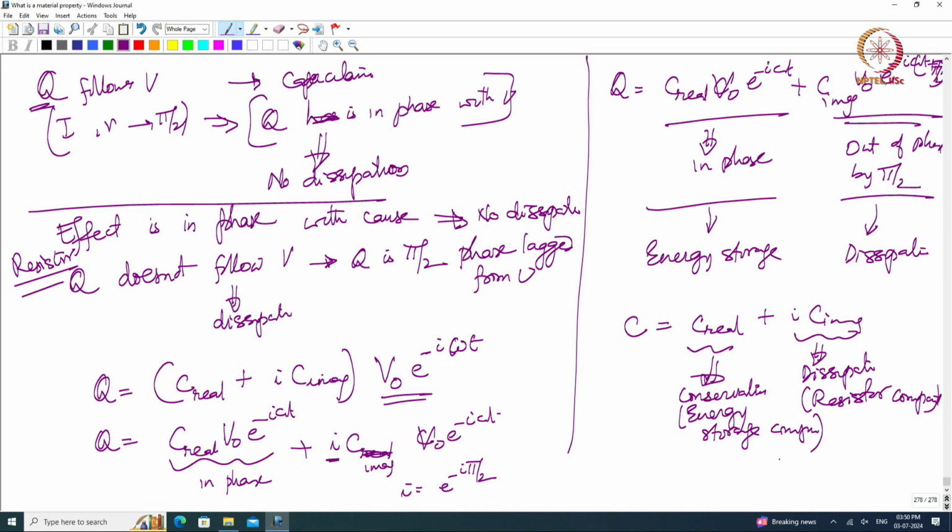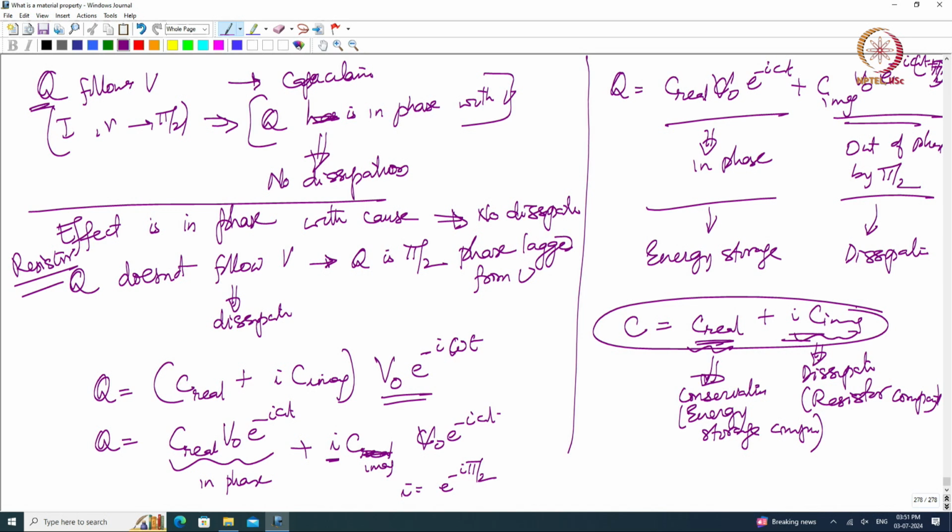So there is nothing called an ideal capacitor. There is nothing where C is just C real; there will always be some leakage or some imaginary part, and this imaginary part of the capacitance tells me how resistive the device is.